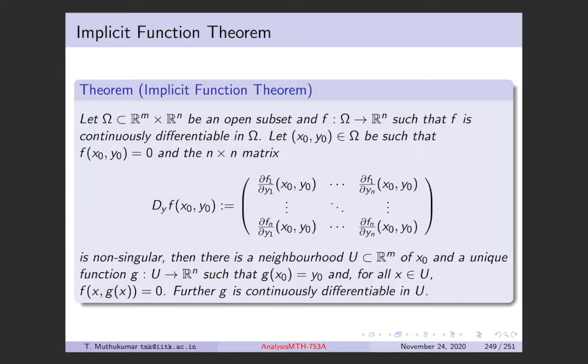This is what we are going to prove, under the assumption that if you are going to write y as a function of x, the derivative of f with respect to the y variable should be non-zero. I mean, the determinant of that matrix should be non-zero.